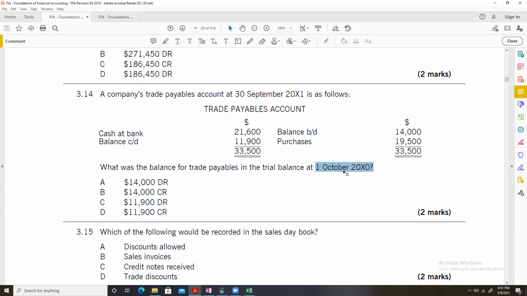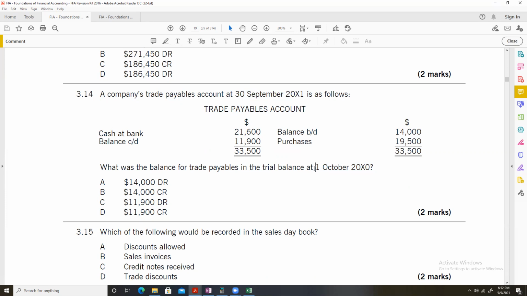This is exactly 1 year before this date. 30th September 2001 is a later date, exactly 1 year after 1st October 2000. So this means that it is asking for the opening balance at 1st October 2000, exactly 1 year prior to 30th September 2001.